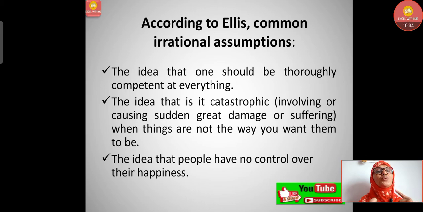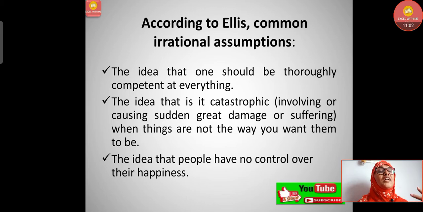Then the next one, the idea that it is catastrophic, that is, involving or causing sudden great damage or suffering, when things are not the way you want them to be. That means if you want something to be like this only, and it does not happen like that, you will feel catastrophe.